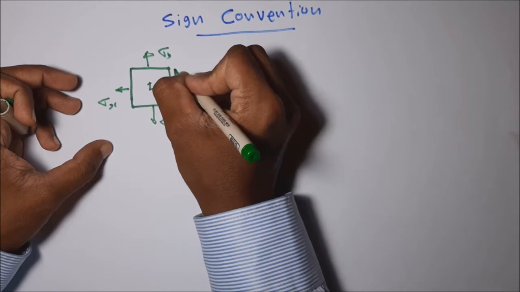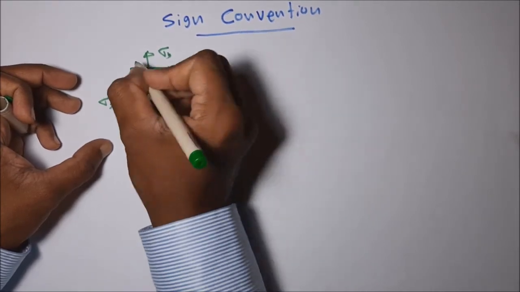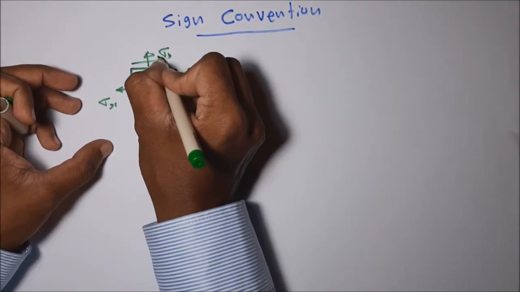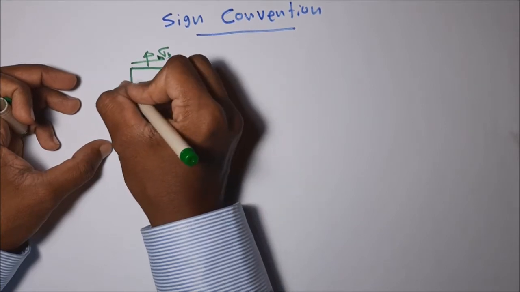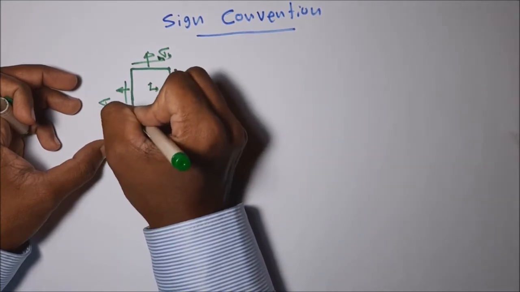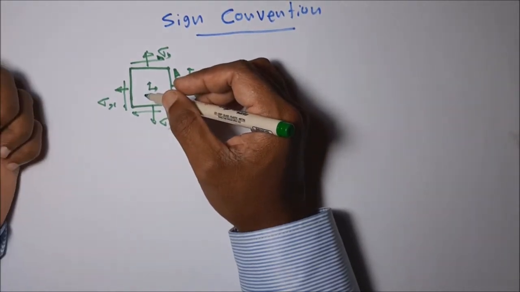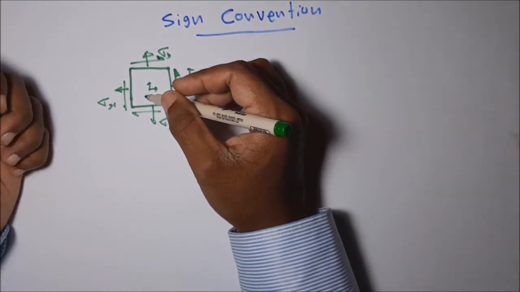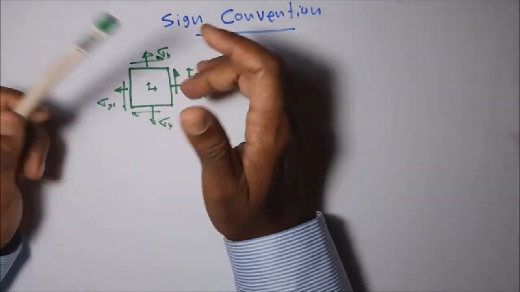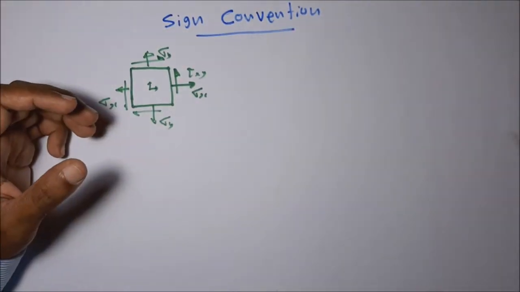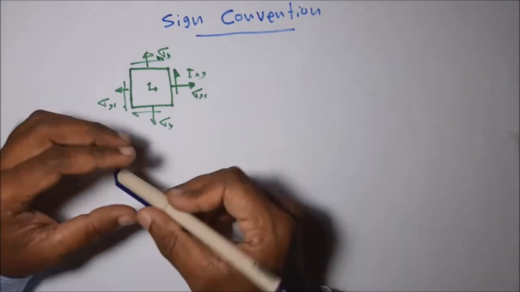According to that, this tau xy is positive. If shearing stress acts on a negative plane and is directed in the negative coordinate direction, we also take it as positive. This is how we mark stresses on a two-dimensional stress element.